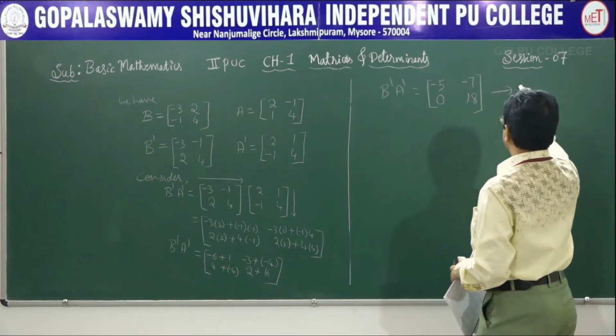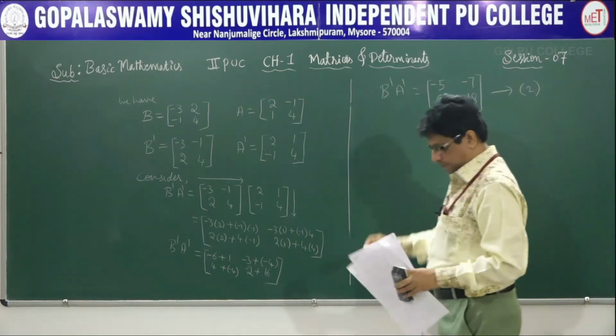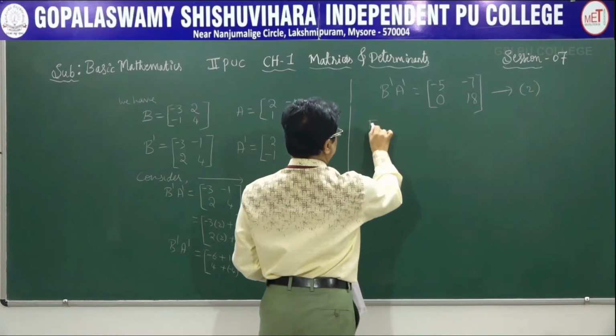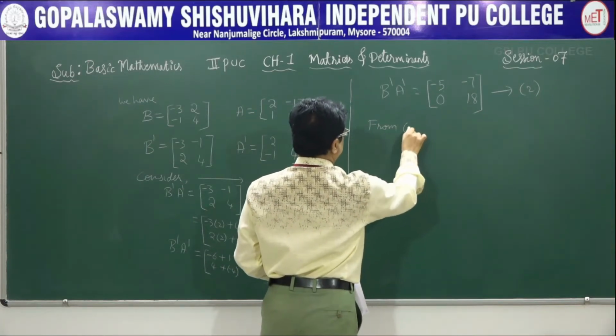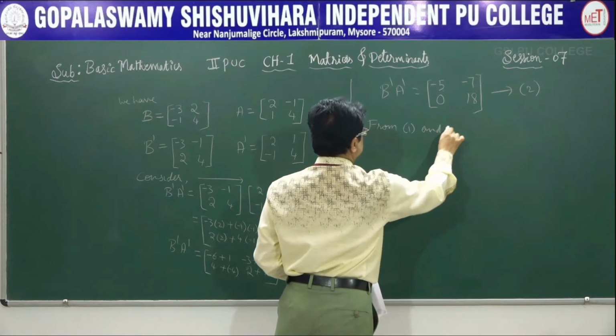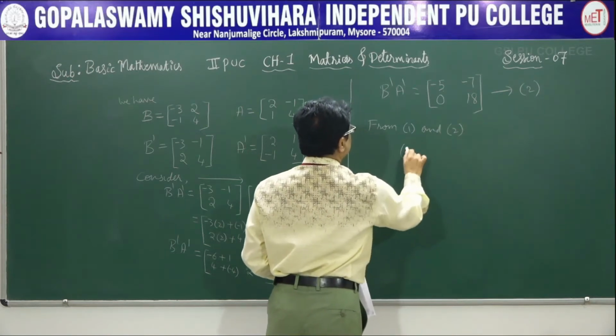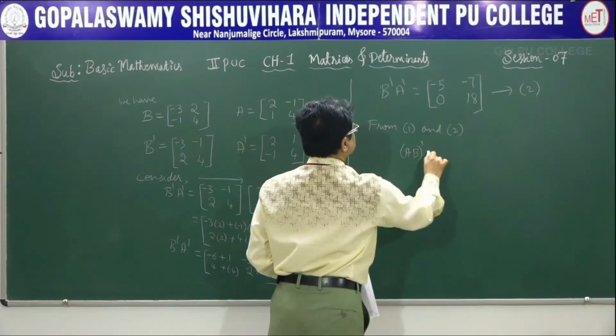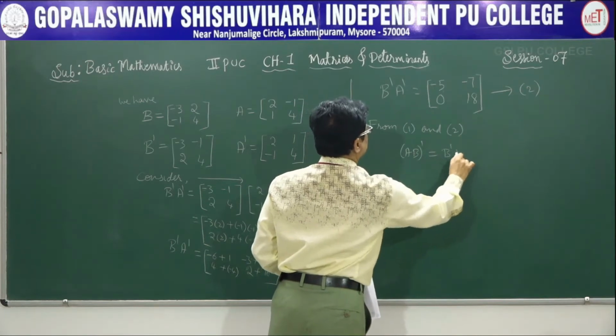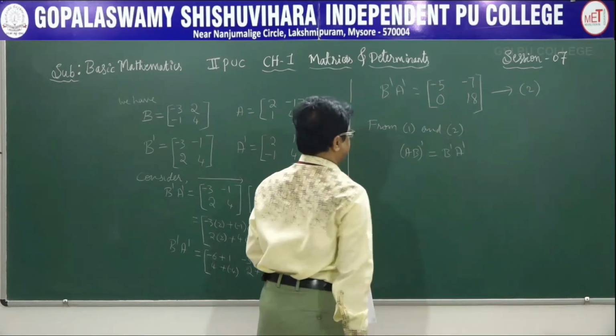We call this as equation 2. From 1 and 2, (AB)' will be equal to B'A'.